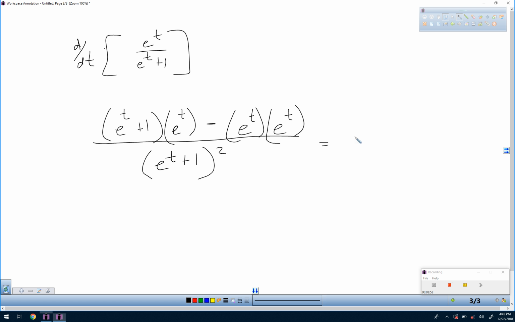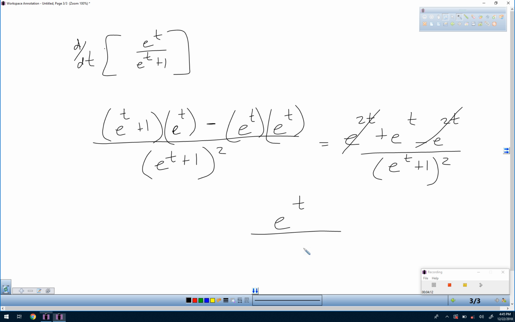If I clean this up, I would get e to the t times e to the t would be e to the 2t, plus e to the t, minus e to the 2t, over e to the t plus 1 squared. The e to the 2t's cross out, so that just leaves me e to the t over e to the t plus 1 squared.